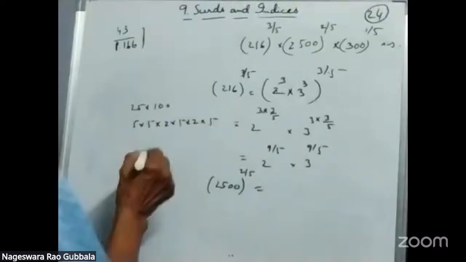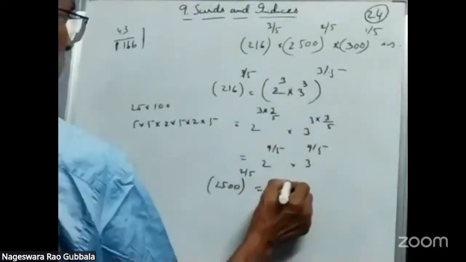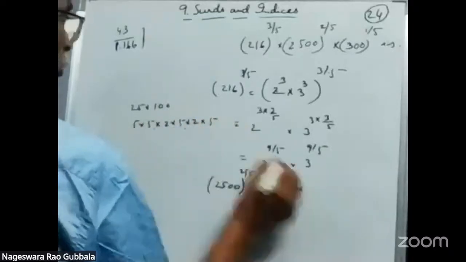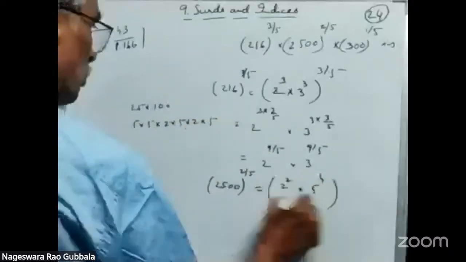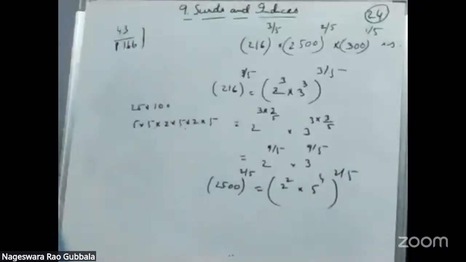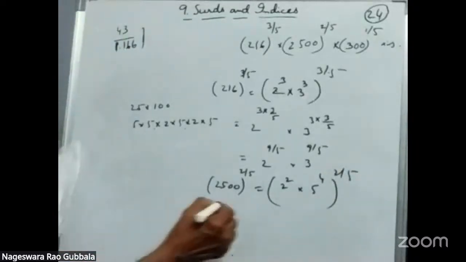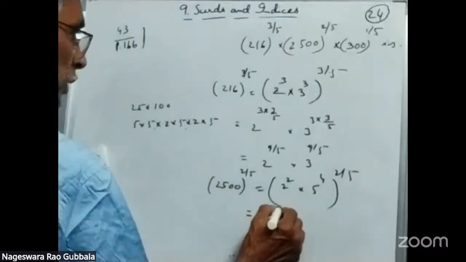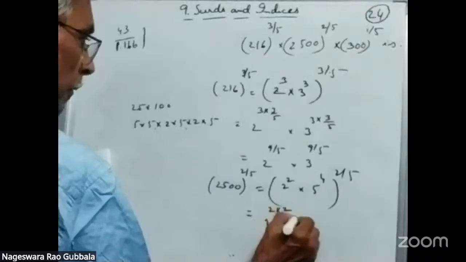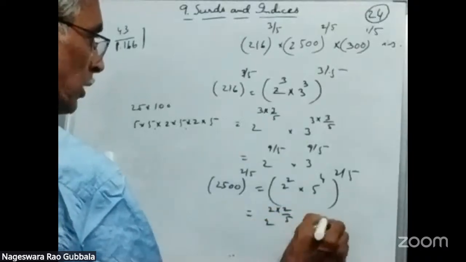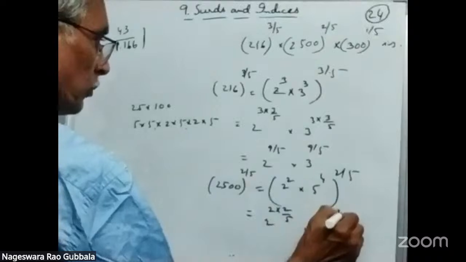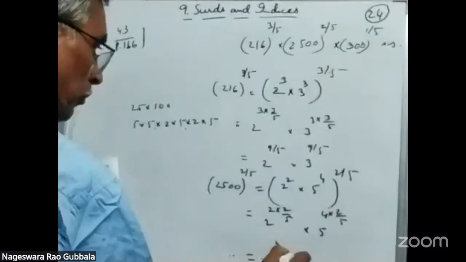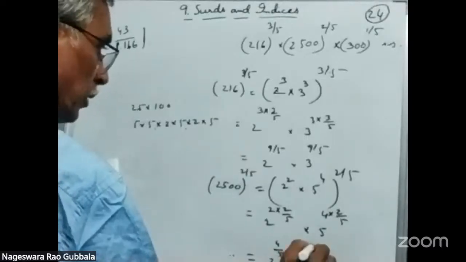So 2 square into 5 to the power of 4, whole to the power of 2 by 5. Apply for both: 2 square to the power of 2 by 5 is 2 to the power of 4 by 5, and 5 to the power of 4 into 2 by 5 is 5 to the power of 8 by 5.